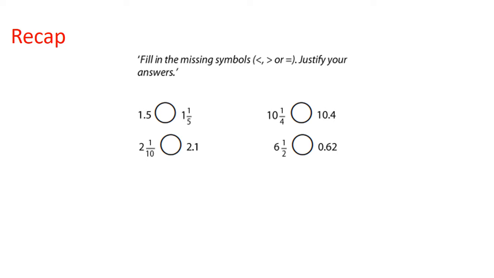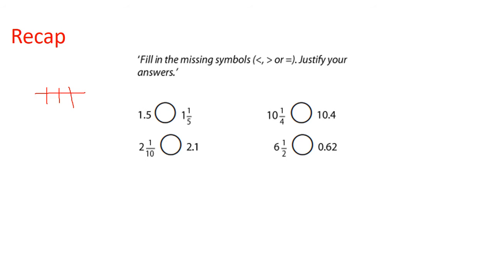which we're going to be adding the missing symbols, so greater than, less than, or equal to. If we have a quick look at the first one together, we've got a decimal of 1.5 and a fraction of 1 1/5. So if we think about our place value grid, we can quickly draw one of those.